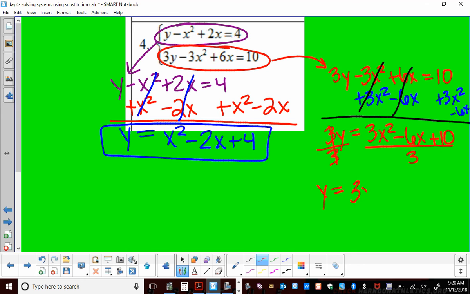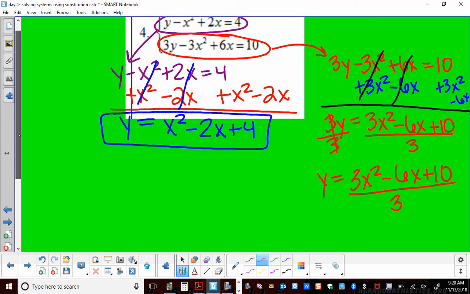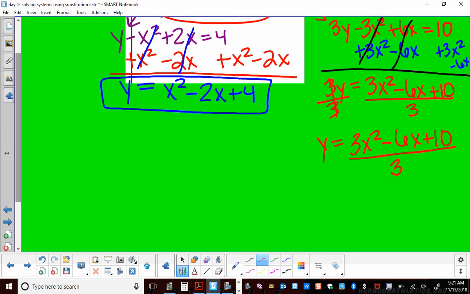But it's probably easier to just do it like this, with the whole top in parentheses and divide by 3. If you want to reduce it, you can do that. You would have y equals x squared minus 2x plus 10 over 3.